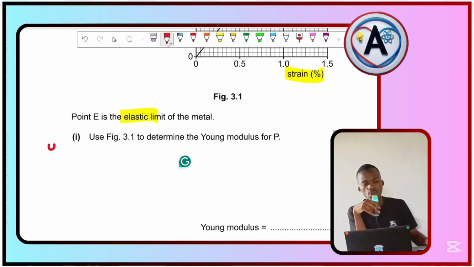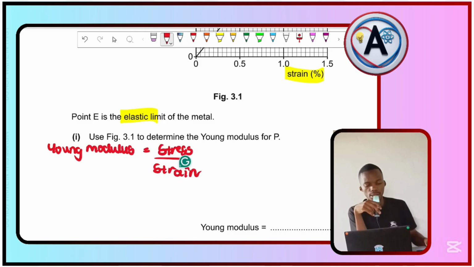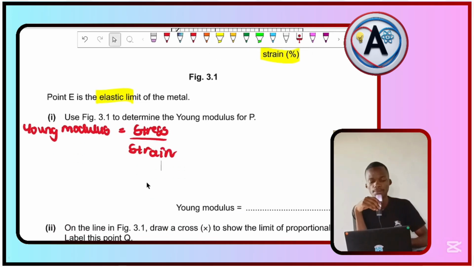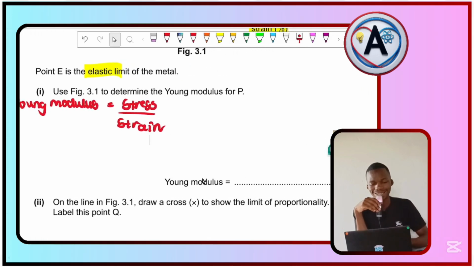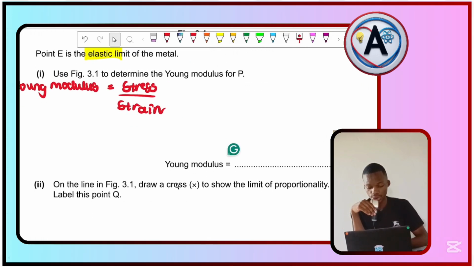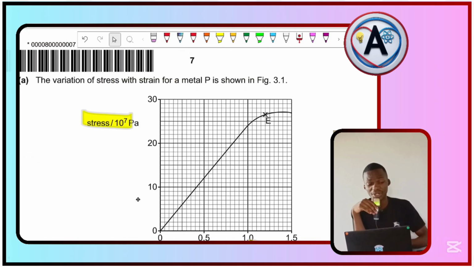Very easy. I know that my Young modulus is the ratio of stress to strain. Stress over strain. That is essentially what my Young modulus is. What is the ratio or the relationship between stress and strain? So if I want to better understand how those two variables are related, find a point that you want to use.